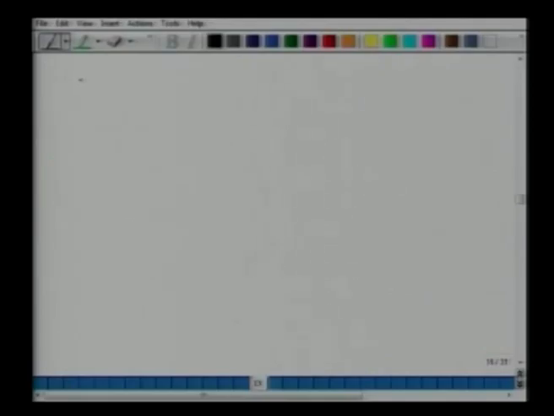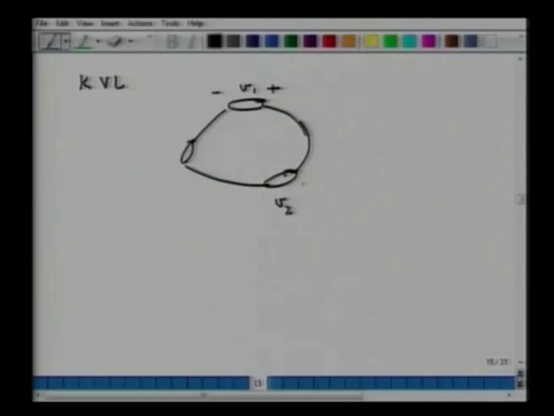Another law developed by Kirchhoff is called KVL, or Kirchhoff's voltage law. So I have a closed loop of an electrical circuit. Let's say around this element I have a voltage of V1, here I have a voltage of V2, and here, these are three elements A, B, C, and here I have a voltage difference of V3.